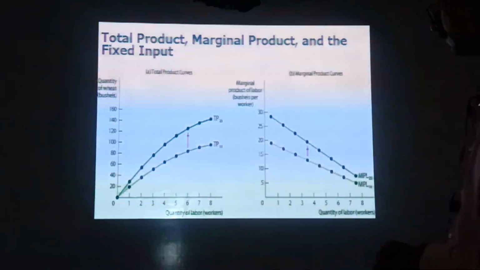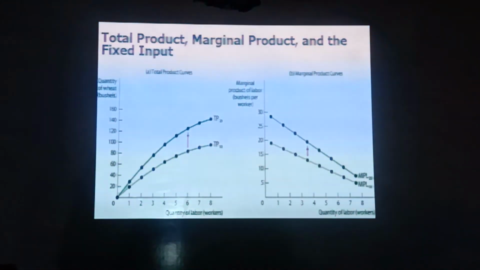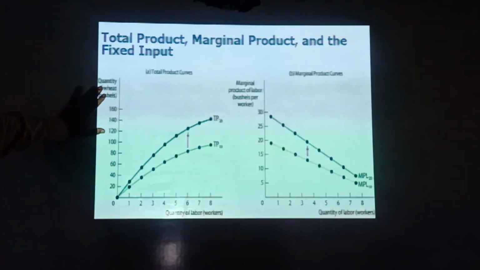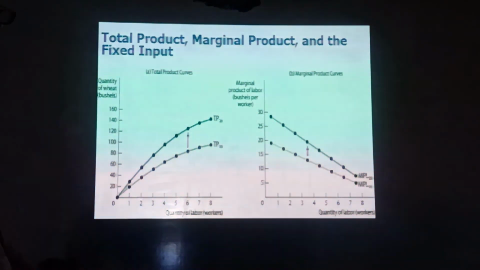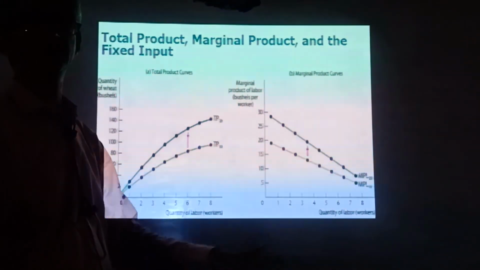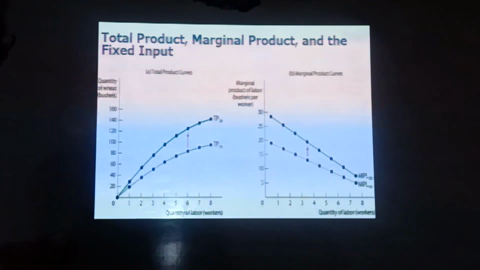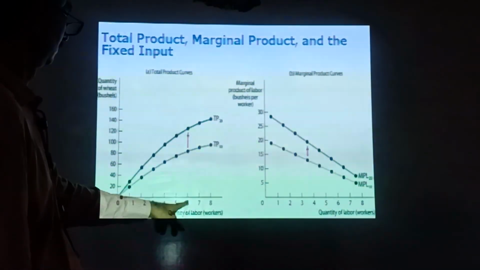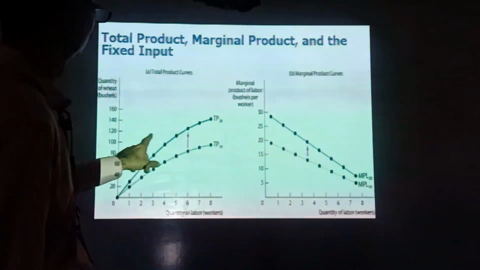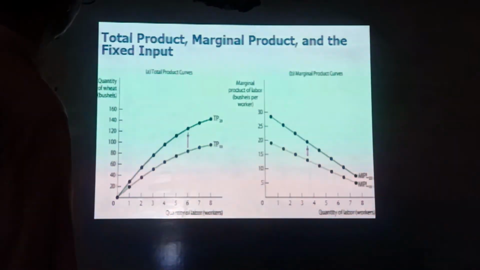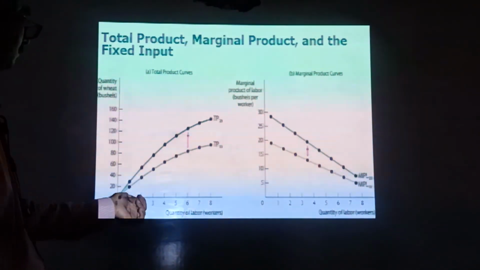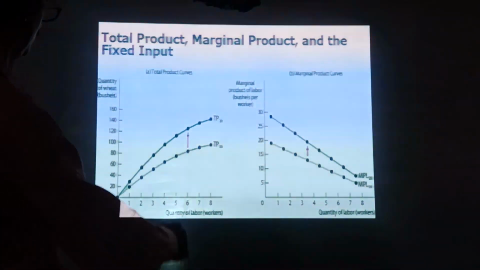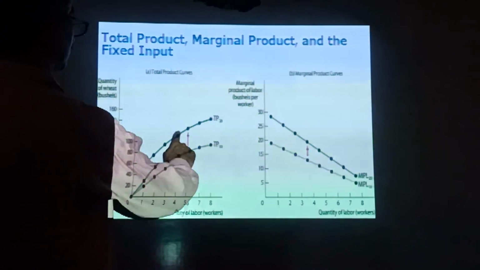To draw the total product, marginal product and the fixed input on the same graph paper, the quantity of wheat in bushels is written vertically, and the quantity of labor, meaning the workers, is written horizontally. The total product is 20, the total product is 10, so you can see this is the first laborer.